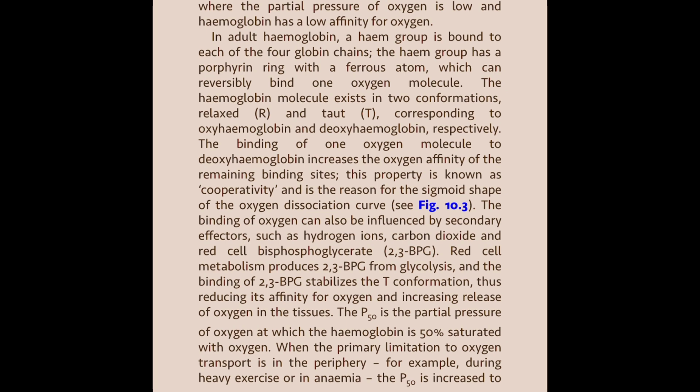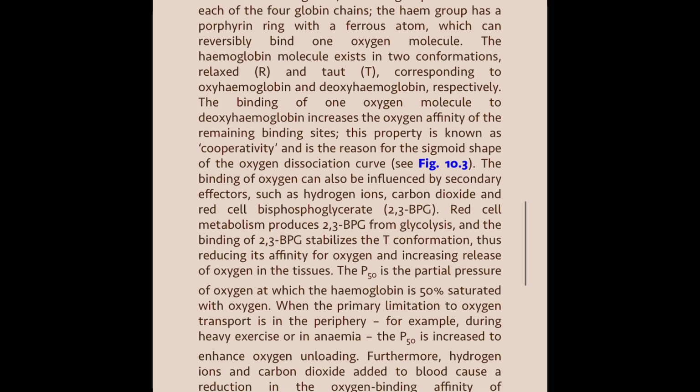Red cell metabolism produces 2,3-BPG from glycolysis, and binding of the 2,3-BPG stabilizes the T conformation, thus reducing its affinity for oxygen and increasing release of oxygen in the tissue.